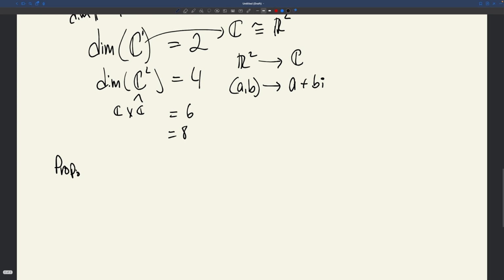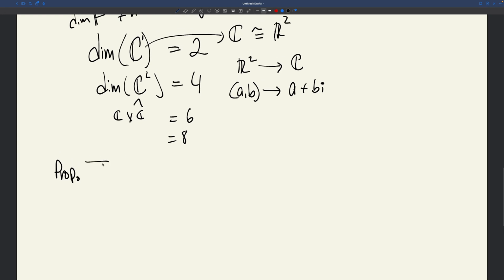So, moving on. I actually did not prove this in my lecture. I think this is actually an exercise question, funny enough.